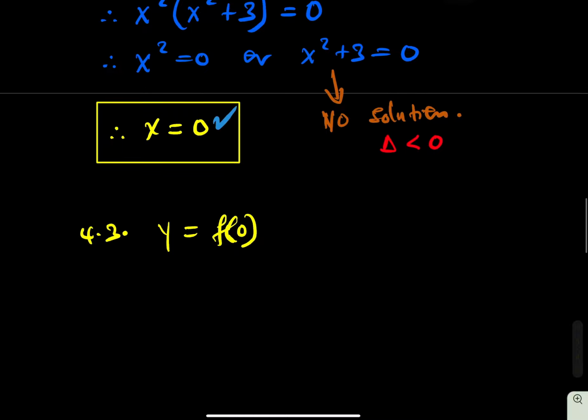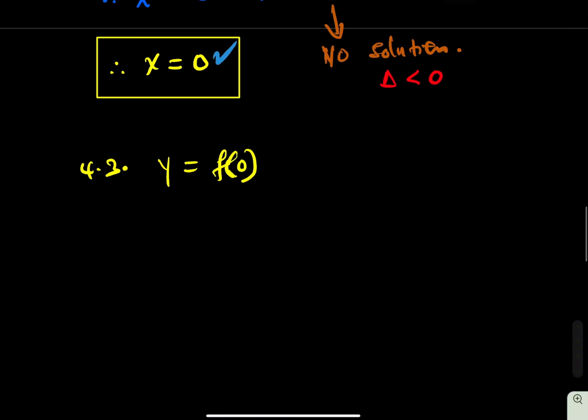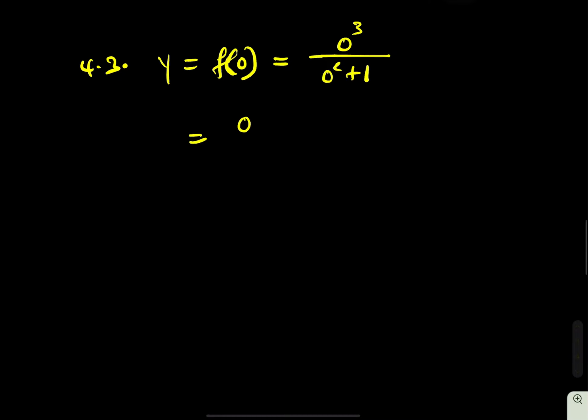So what is f? f was given as x cubed over x squared plus 1. So this is going to be equal to 0 cubed divided by 0 squared plus 1. And as a result, this will boil down to 0 over 1, so therefore the y value is going to be 0. So the critical points are going to be 0.